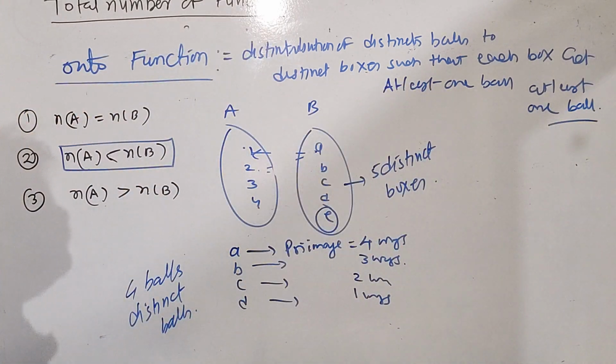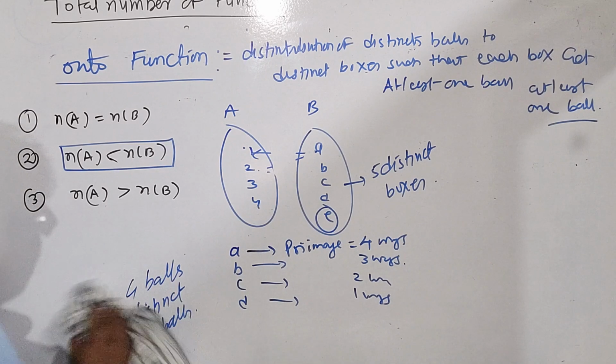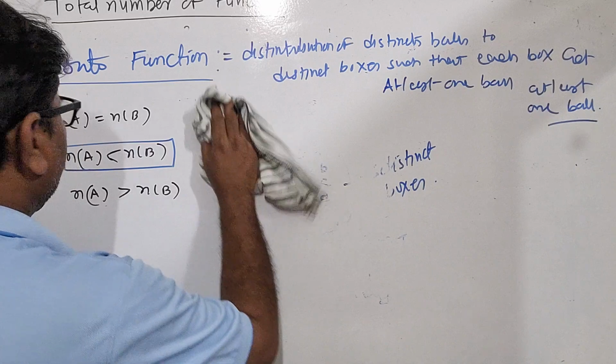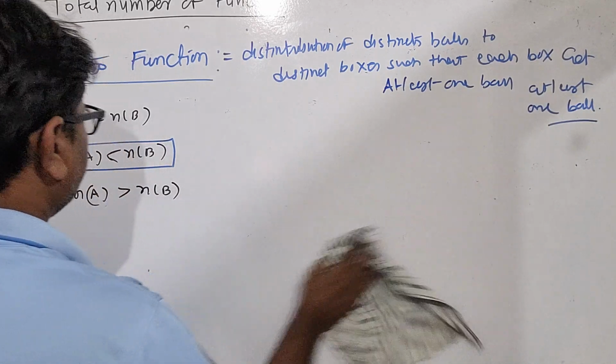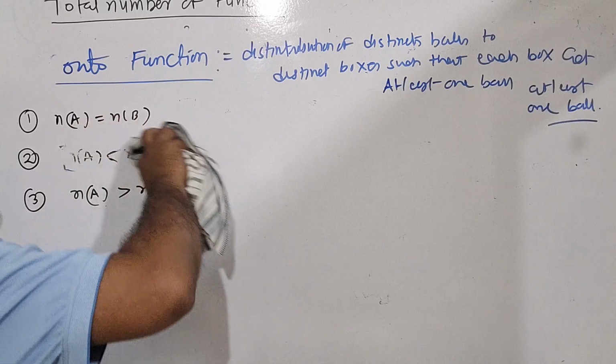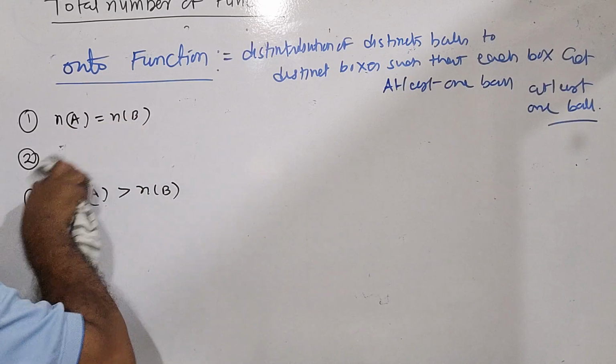So in that way you can find out the number of onto functions. So therefore the number of onto functions is not possible or 0 in the case when n of A is less than n of B. So this case is over.